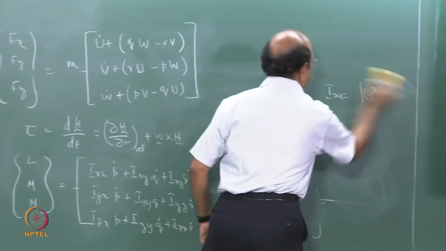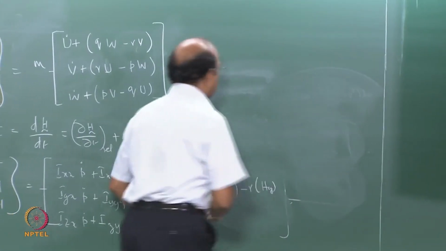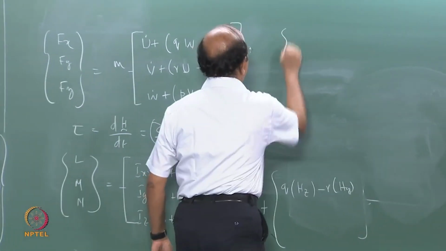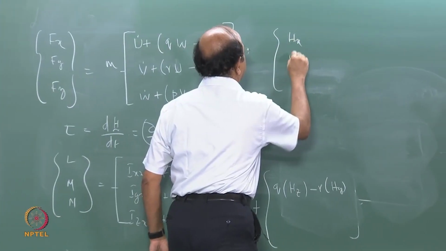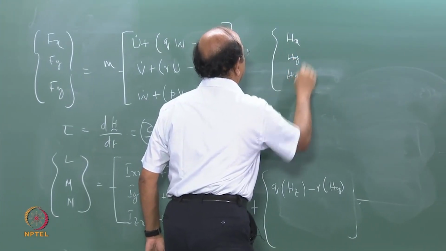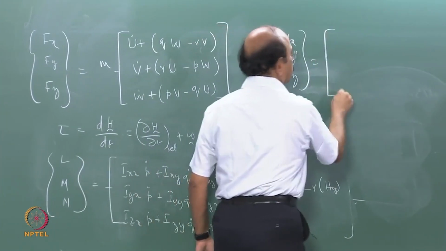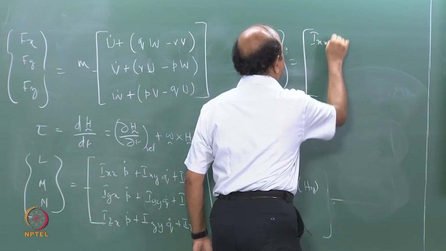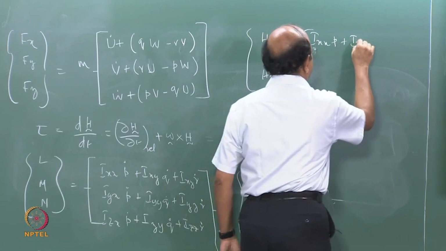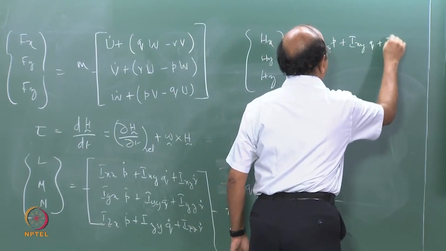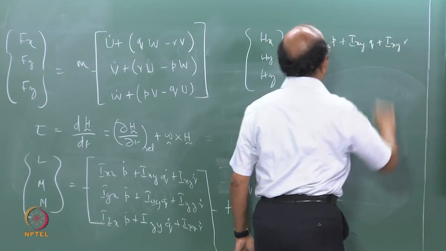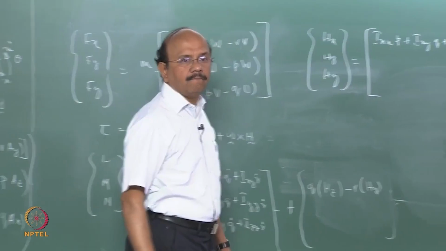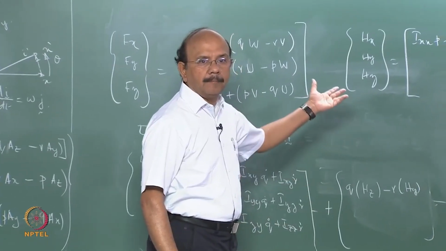Remember that hx, hy, hz is what? Ixx p plus Ixy q plus Ixz r, right?